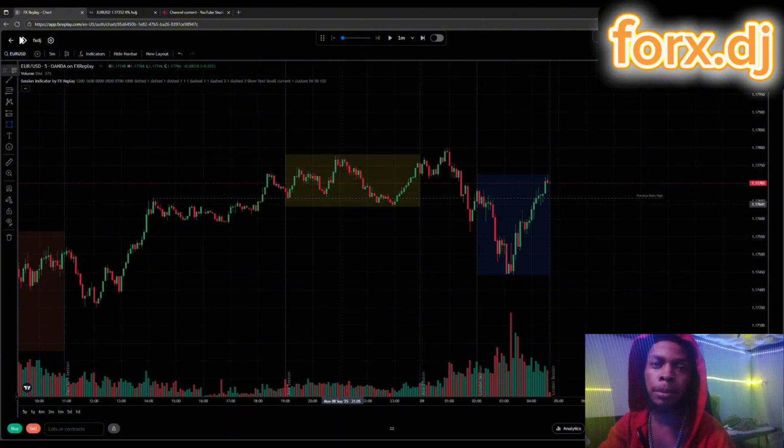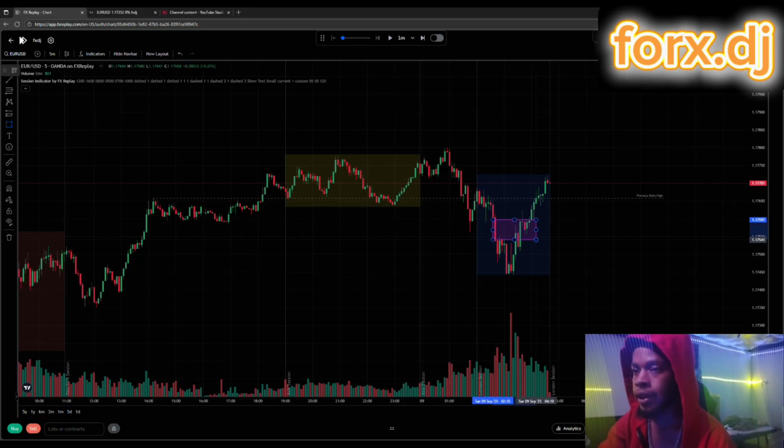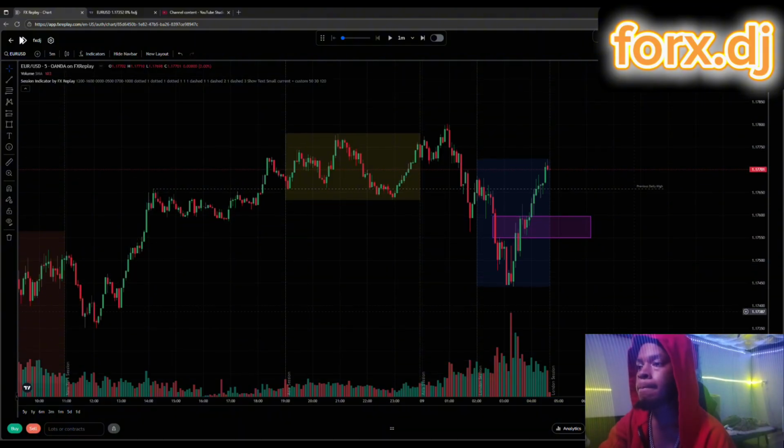So like I said, this fair value gap right here. That right there is clear confirmation that we are gonna keep going down. I probably still wouldn't have took this trade because once this fair value gap got formed, as you can see, I guess before this happened, you could say that we could come down and take out all of this.